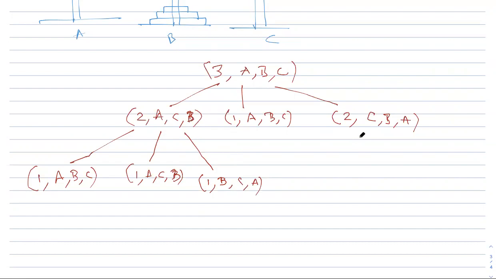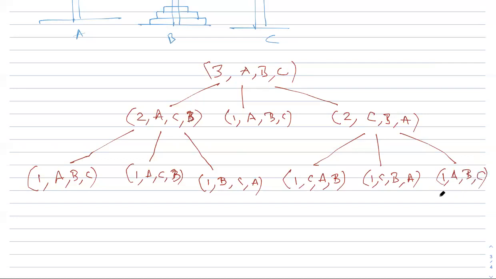And this is just 1, so we know how to do that. Because this is greater than 1, this again gets broken down into 3. So this becomes 1, and then from C to A using B. And this is 1 comma C comma B comma A, and this is 1 comma A to B using C, right?